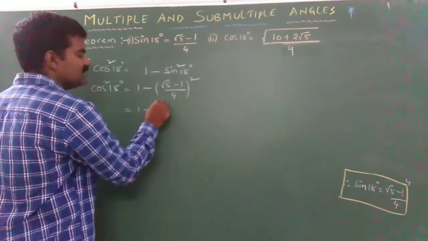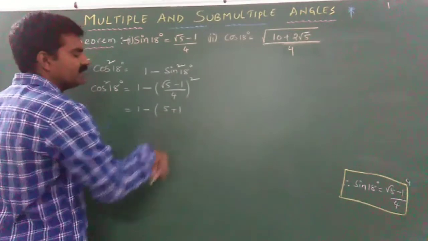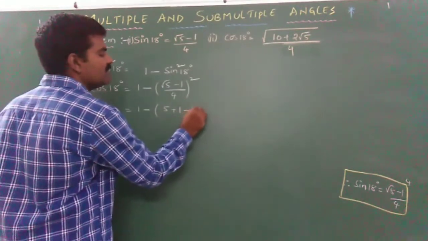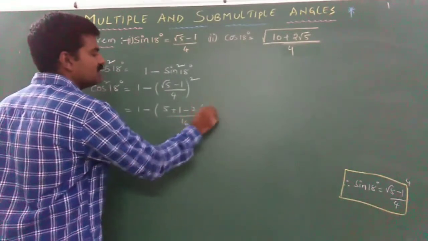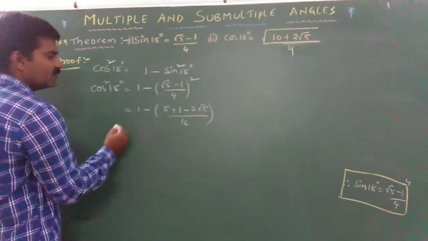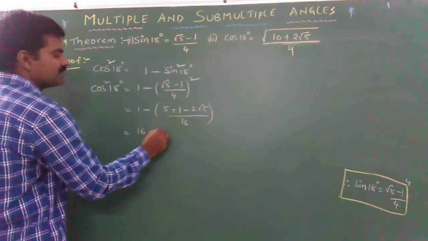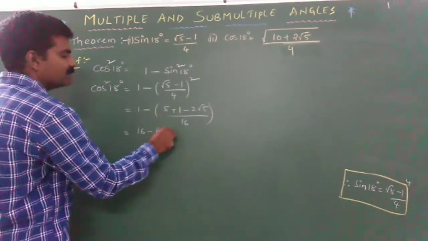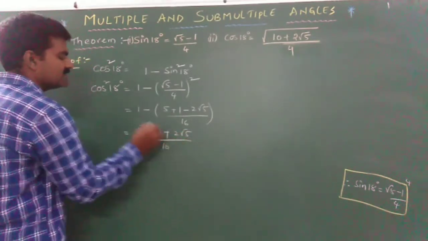Numerator is a minus b whole square, a square which is 5 plus b square is 1 minus 2ab is minus 2 root 5, divided by 4 square is 16. So let us go for LCM. 16 minus 5 plus 1 minus of minus plus 2 root 5 whole divided by 16.